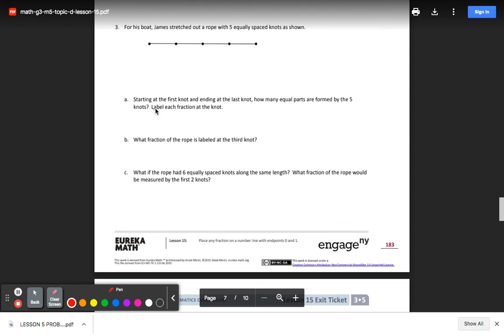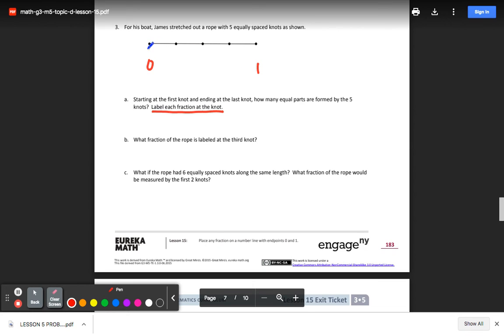Number 3 says, for his boat, James stretched out a rope with 5 equally spaced knots as shown. Starting with the first knot and ending at the last knot, how many equal parts are formed by the 5 knots? Label each fraction at the knot, okay? Well, let's start here is going to be 0. Remember, our number lines always start with 0 and 1.